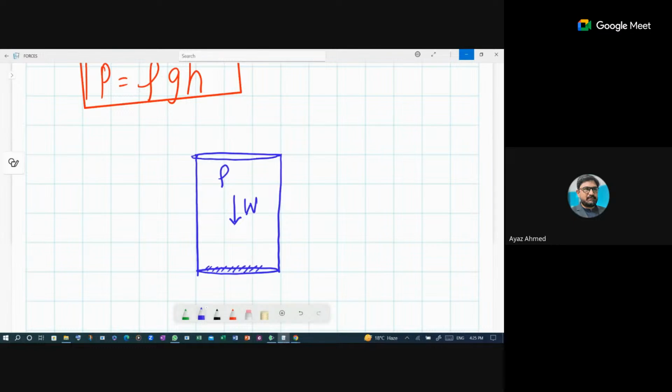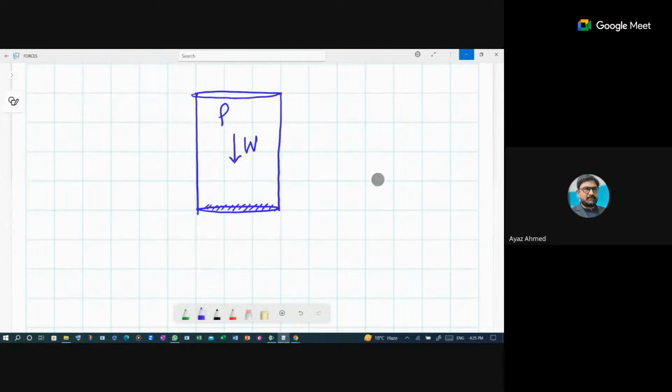Then definitely you know from the concept of pressure that pressure is equal to force divided by area. Because the force is the weight acting on the area, it would simply be the weight acting at this surface. Got it? Yes, sir. So I say that pressure is equal to mg divided by area.